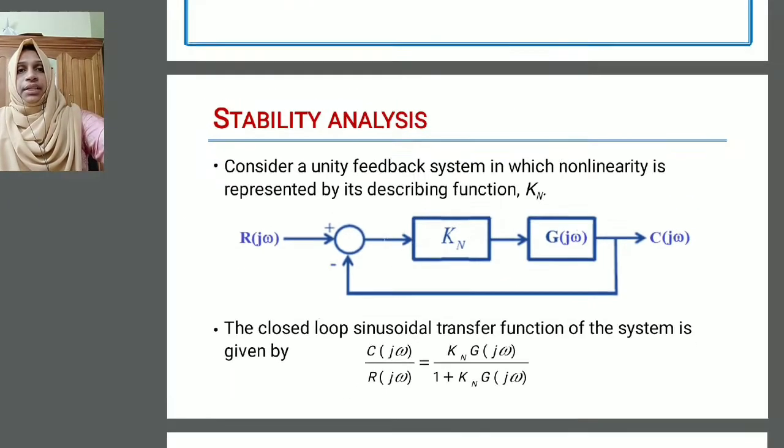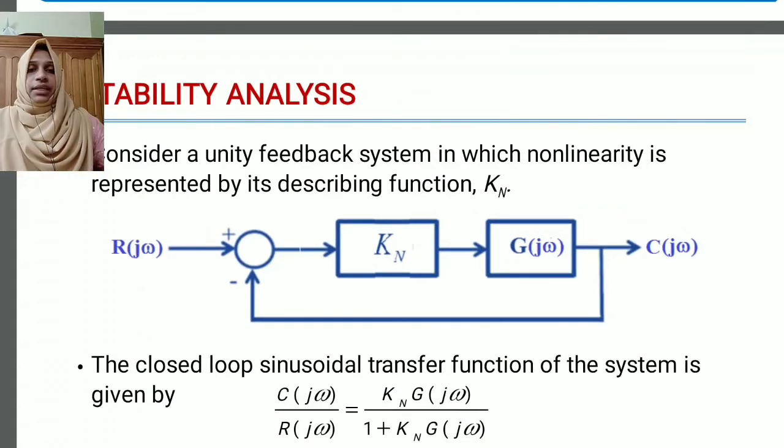So the stability analysis of nonlinear system using describing function method. Consider a nonlinear system with unity feedback. This Kn is the nonlinear part, Kn is called describing function, and the G(jω) is the linear part of this nonlinear system.